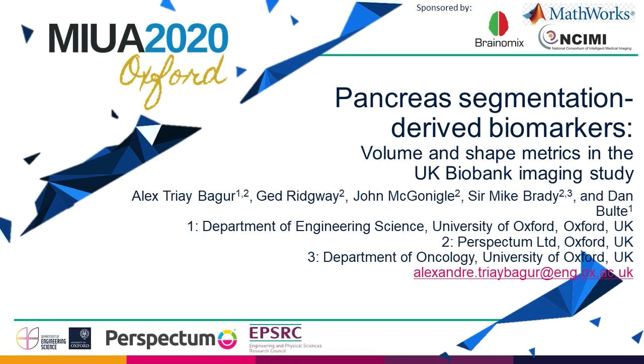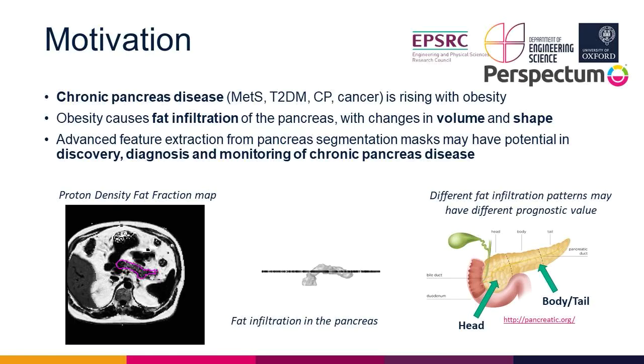We're going to present our work titled Pancreas Segmentation-Derived Biomarkers, Volume and Shape Metrics in the UK Biobank Imaging Study. Chronic pancreas disease, among them metabolic syndrome, type 2 diabetes, chronic pancreatitis or pancreatic cancer, are all rising with the increased prevalence in obesity.